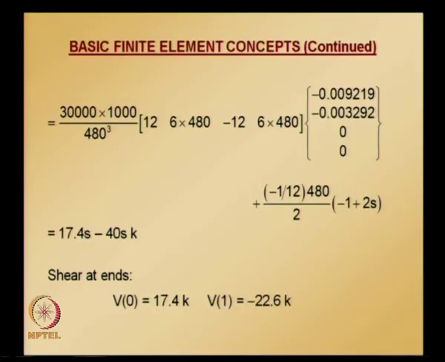Shear force at node 2 is given by substituting S is equal to 0, shear force at node 3 is obtained by substituting S is equal to 1 in this. So shear force at the ends, and now bending moment.